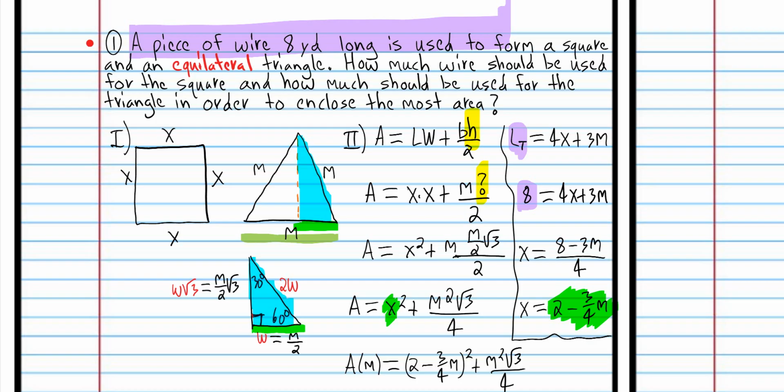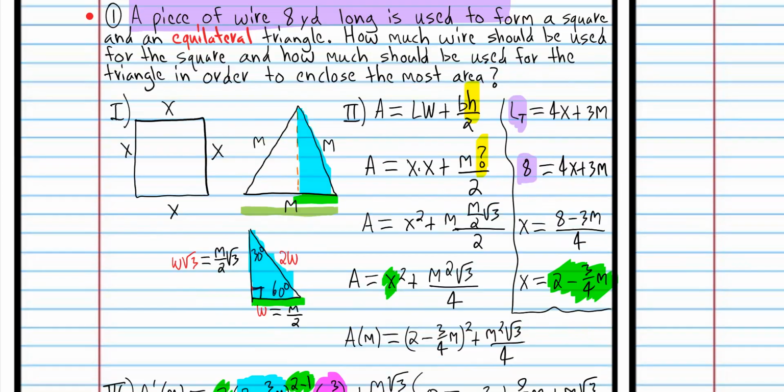Now, what is the biggest possible value of m? Well, the biggest possible value occurs if none of the wire is used for the square. So that's if x is 0. If you go to this equation over here, let x equal 0. What does m equal? If x is 0, then m would equal 8/3.